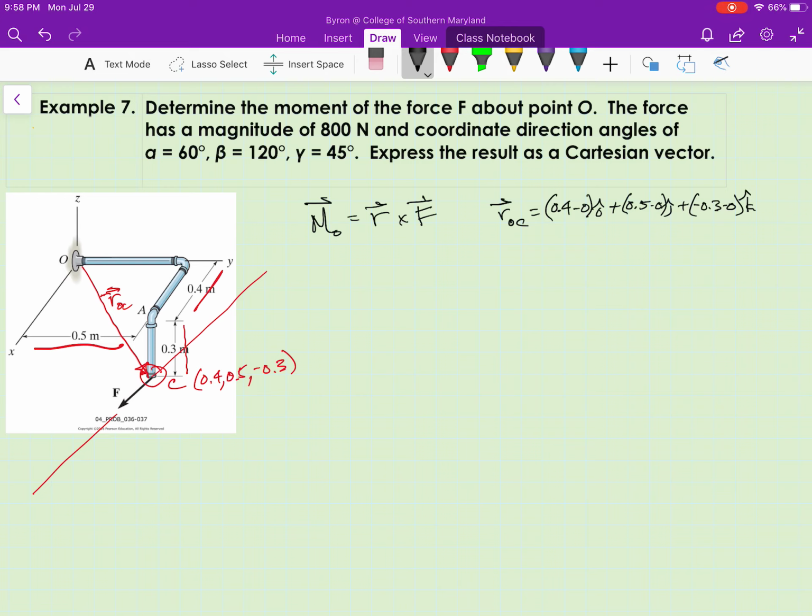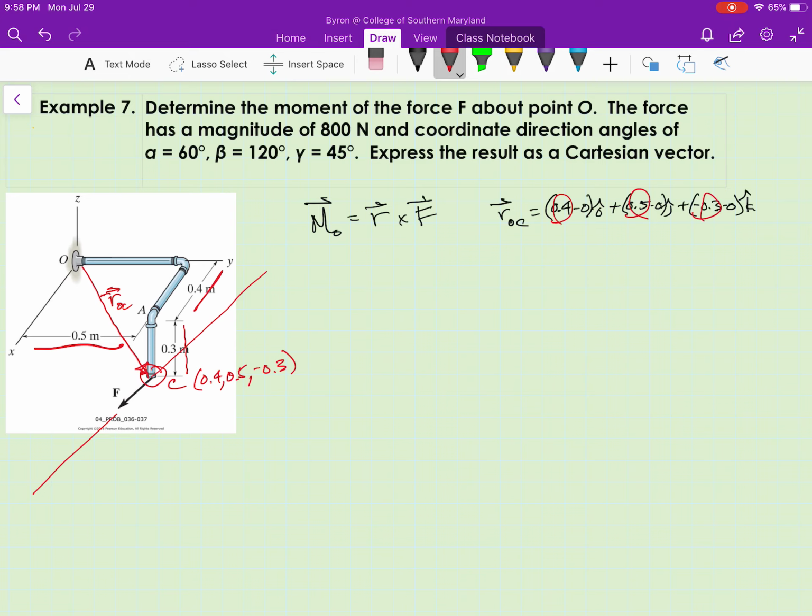Remember that the position vector has to be from O to C, and that the coordinates of C will show up first in these calculations. In other words, what's the difference between C and O?